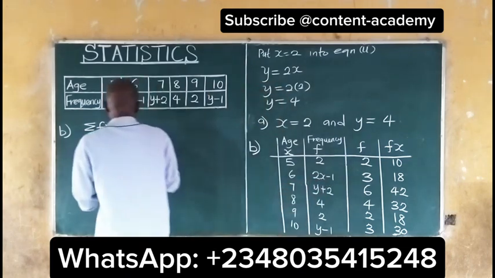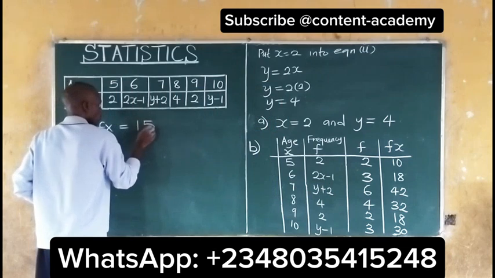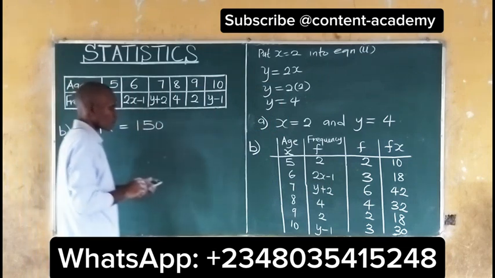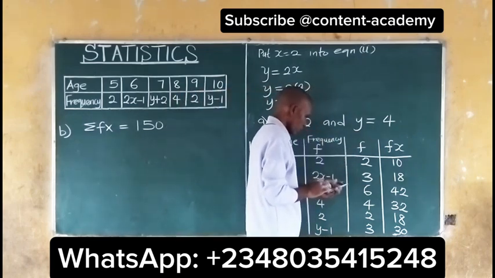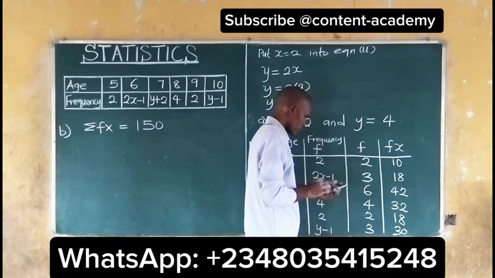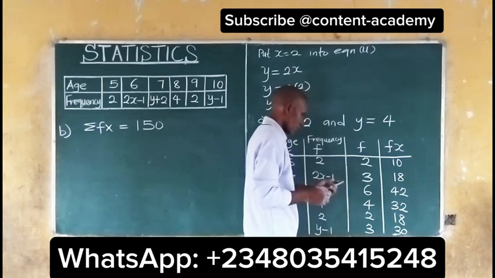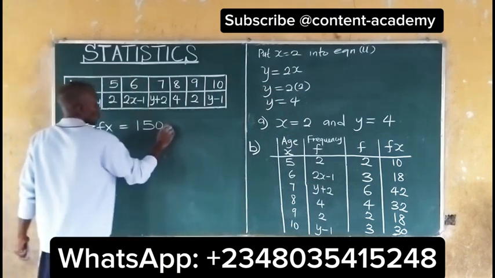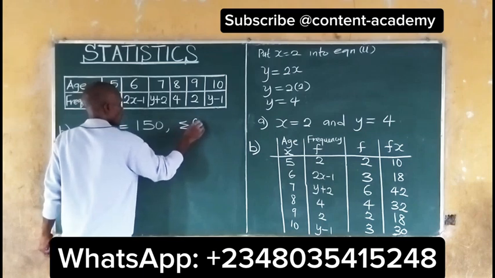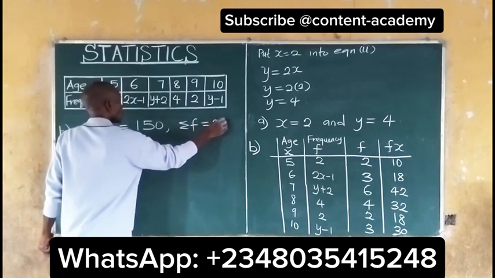We have 150. Now, summation of f: 2 plus 3 plus 6 plus 4 plus 2 plus 3. We have 20. So summation of f is equal to 20.